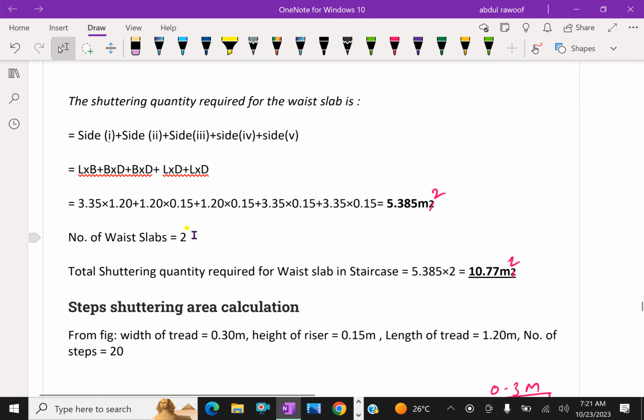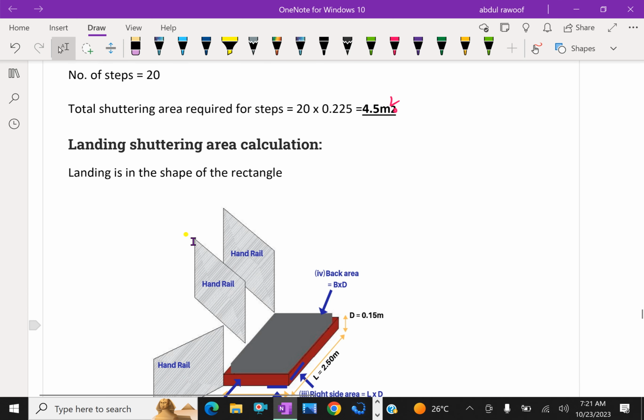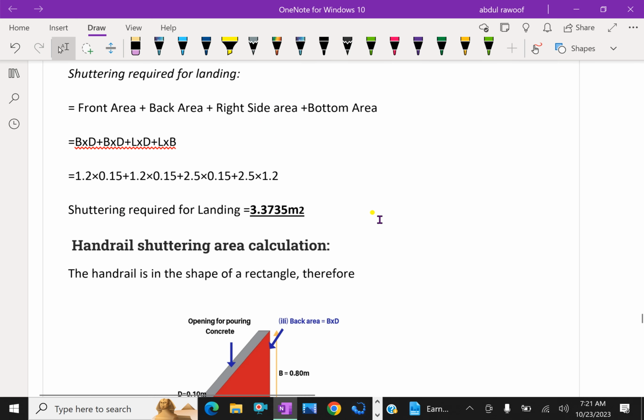Number of waist slabs is 2, because one side goes, turns back, and changes direction and goes up further. So there are 2 waist slabs. Total shuttering quantity required for waist slab is done here. Now total shuttering area we got for the number of steps, 20. Now landing we calculated. One landing is there, therefore this one.